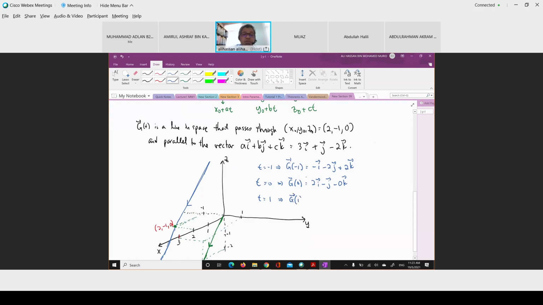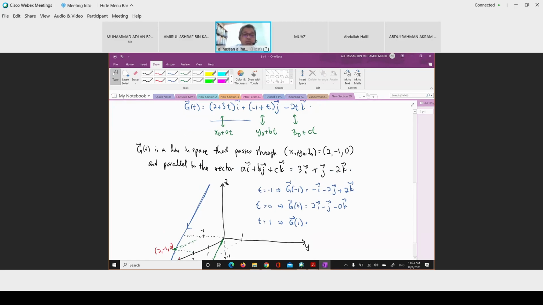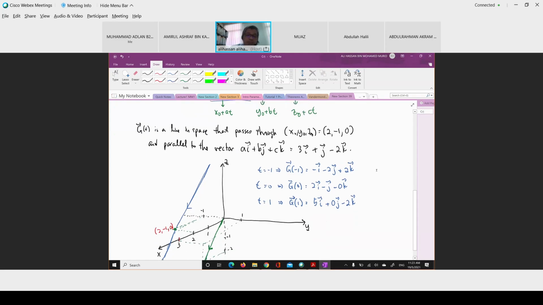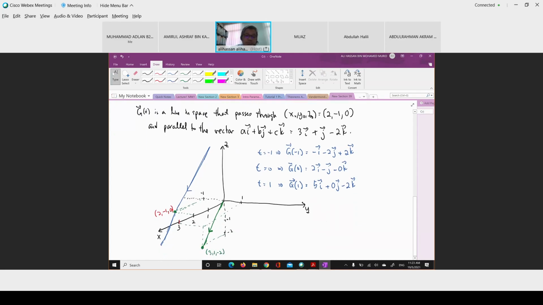When t equal to 1, this is 5i plus 0j minus 2k, yeah.